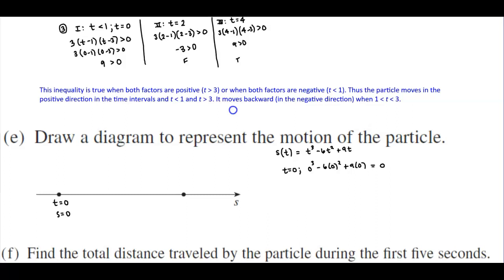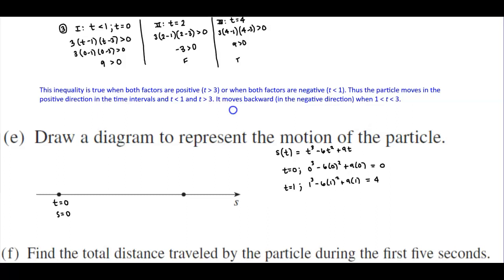Now what happens when t is equal to 1? We plug it into the position function. So we have 1 cubed minus 6 times 1 squared plus 9 times 1, and that's going to give us 4.